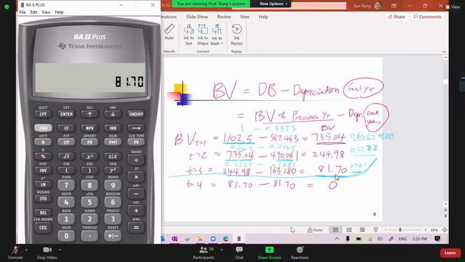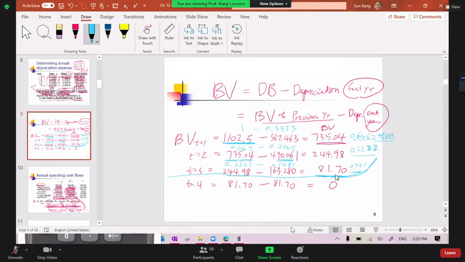So this is 0.6667 over the depreciable basis. This way is more understandable, right? Each year you subtract depreciation, and the beginning book value minus depreciation is the end-of-year book value.